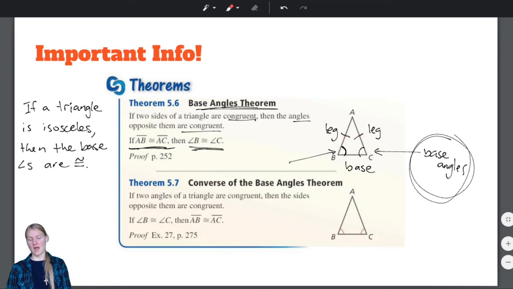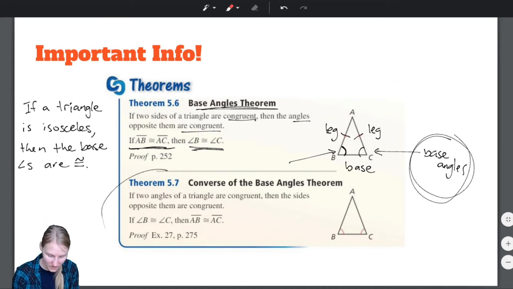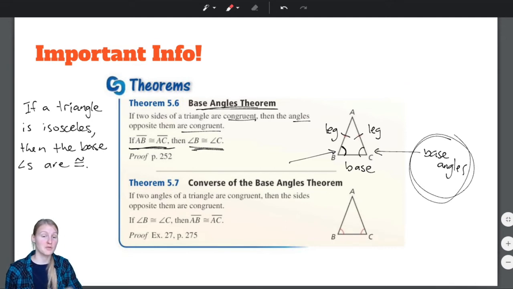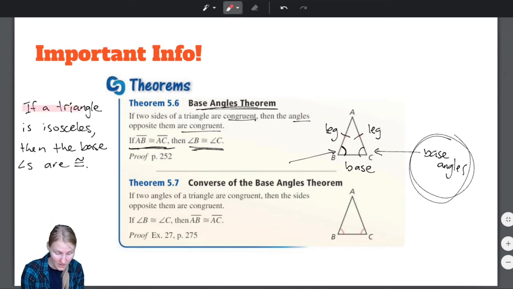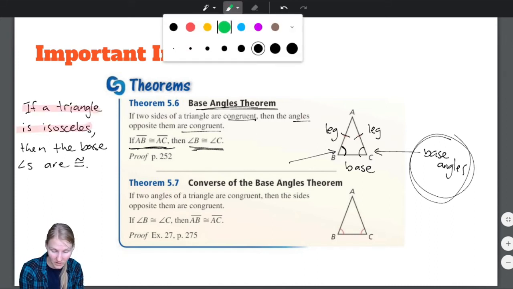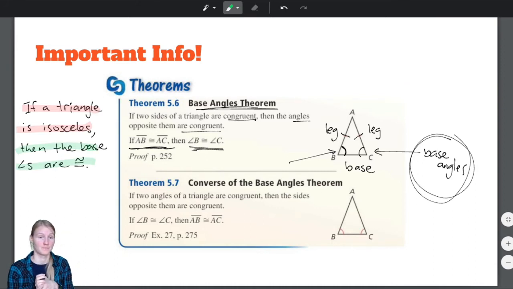Wonderful. Okay, fantastic. Now, the next theorem is the converse of the Base Angles Theorem. Remember that the converse means I switch the if and the then. So first we had if a triangle is isosceles, then the base angles are congruent.